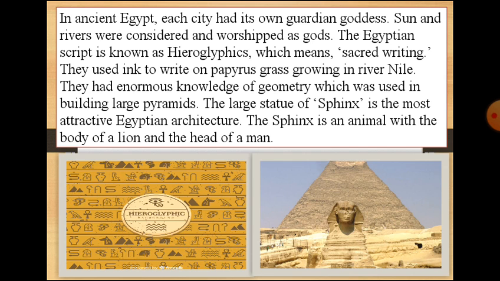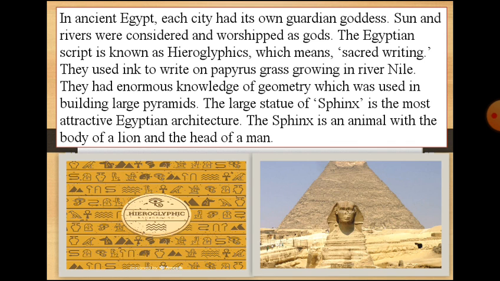They used ink to write on papyrus grass growing in the River Nile. They had enormous knowledge of geometry, which was used in building large pyramids. The large statue of the Sphinx is the most attractive Egyptian architecture. The Sphinx is an animal with the body of a lion and the head of a man.